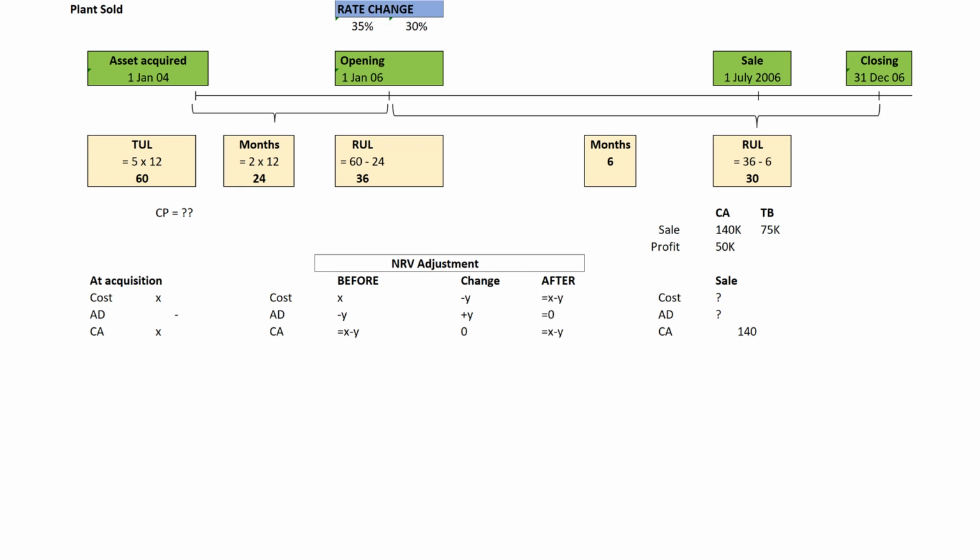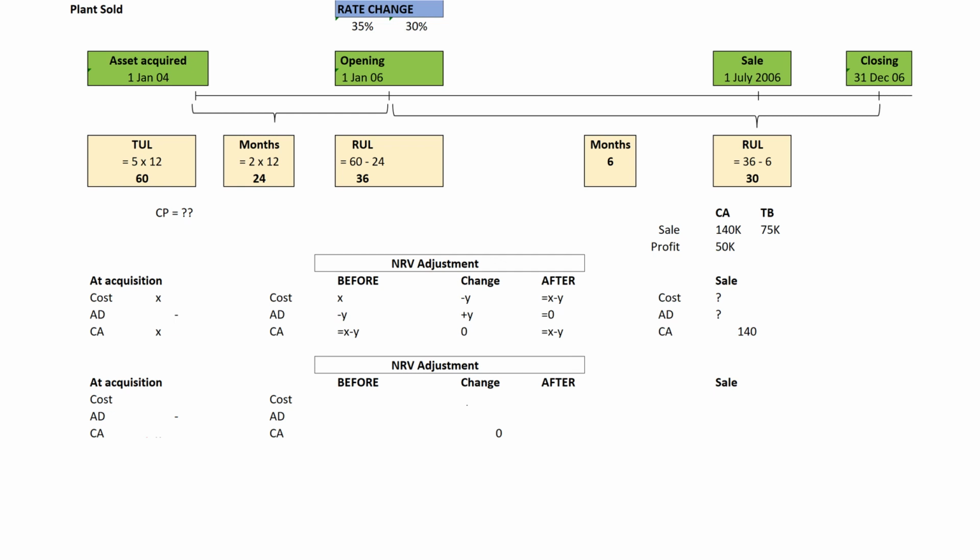After the NRV adjustment, our cost will be X minus Y. Our accumulated depreciation will be cleared. It will now be null. And our carrying amount after the NRV adjustment will be X minus Y.